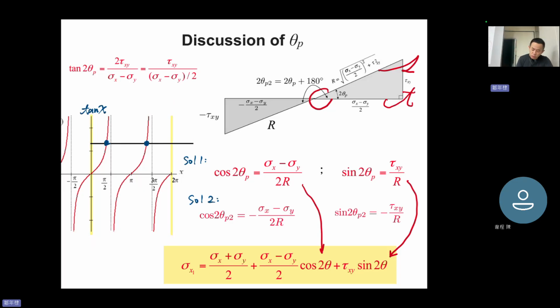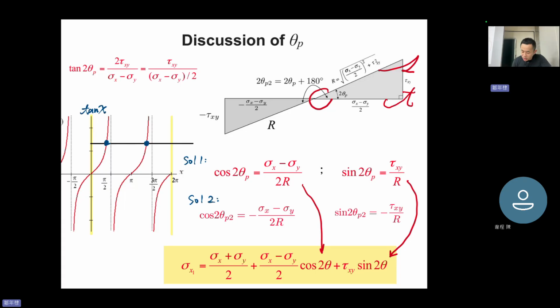So between 0 and 2 pi, you get 3 curves. And if you have one solution, how to get a solution? Just draw a horizontal line and then sweep it, and you find it will always give you 2 values.